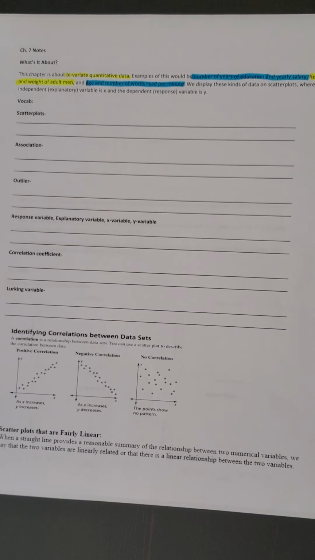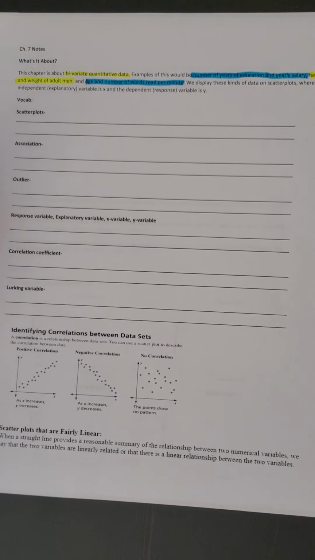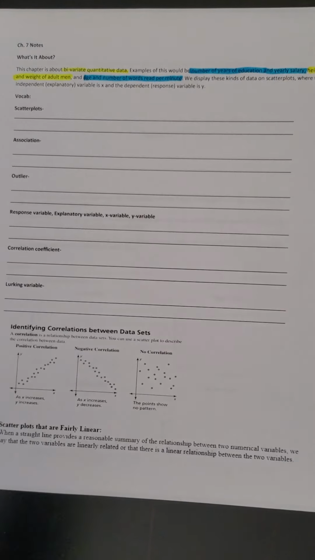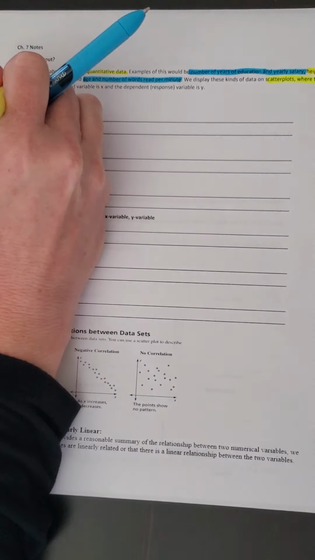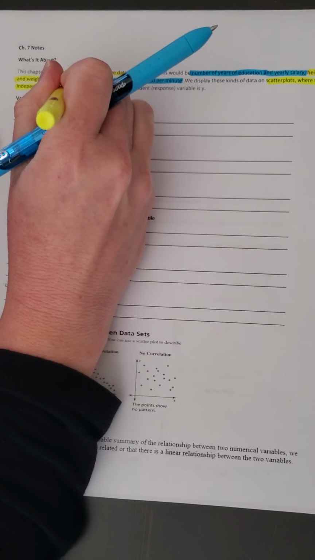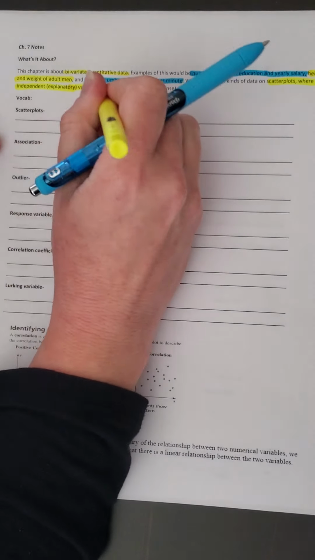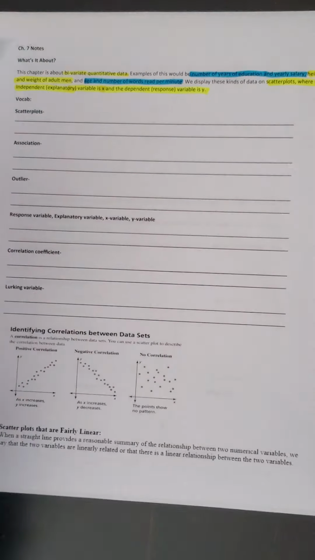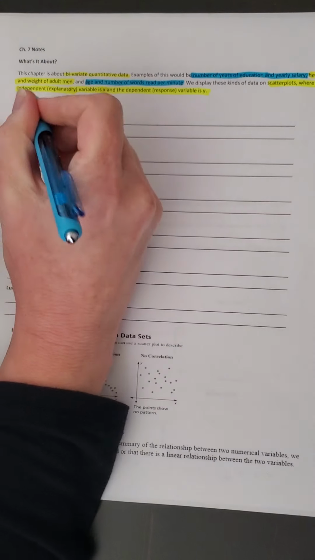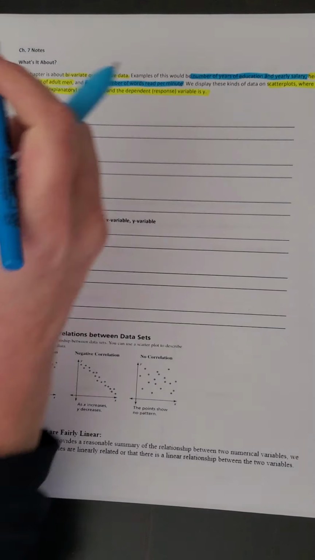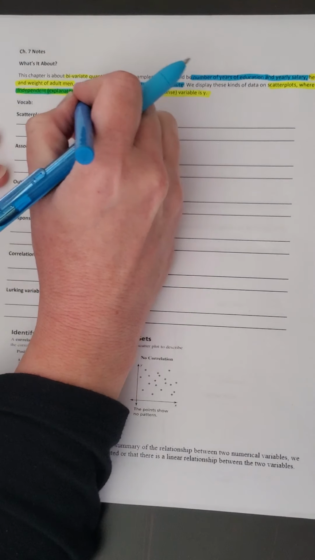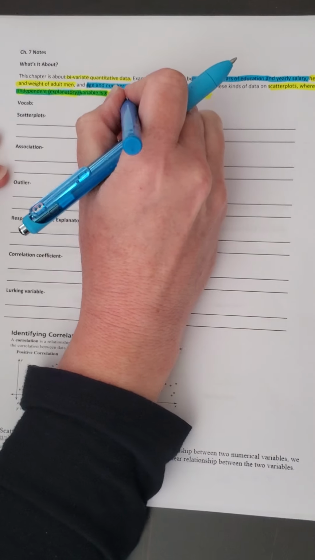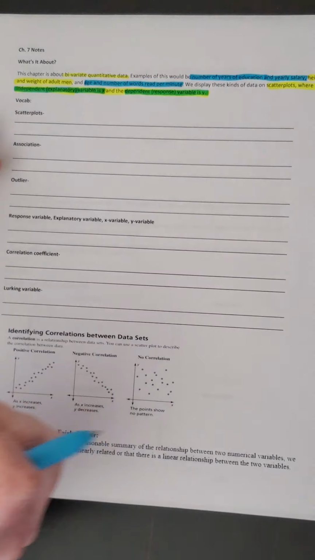We display these kinds of data on scatter plots, where the independent or explanatory variable is x and the dependent or response variable is y.